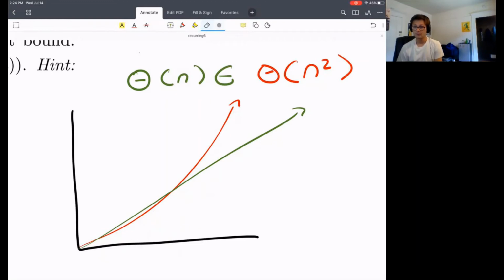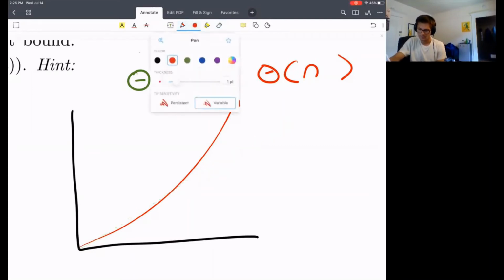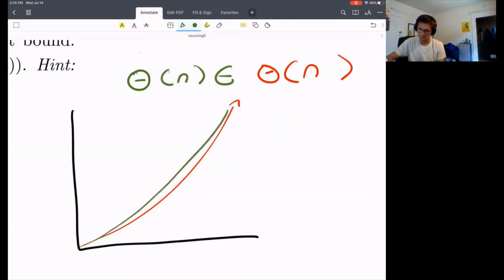Well, the red region is now literally only this line, right? So it's not any shading. So the green region we see is not going to eventually be contained completely within the red region, therefore the statement is false. However, you can say something like this, because if this is the case, right, both these lines are going to be the same thing, and they're going to be contained within each other.